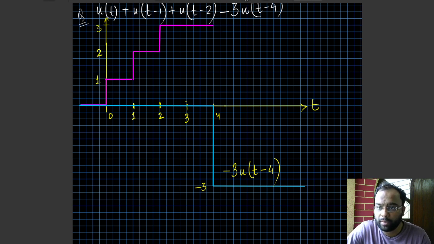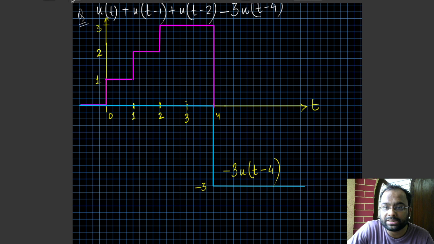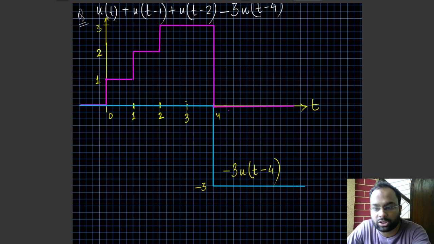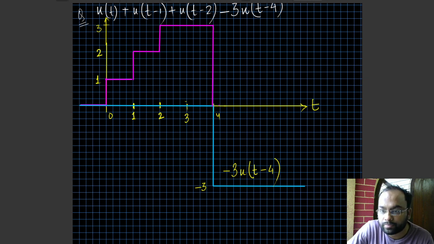Yes, you people kind of guessed right. This signal will go down to 0 and stay at 0 for the rest of its lifetime, right? So yes, the resultant is this new pink one.